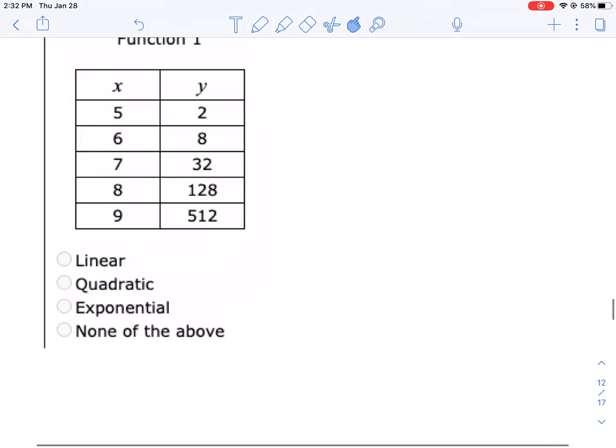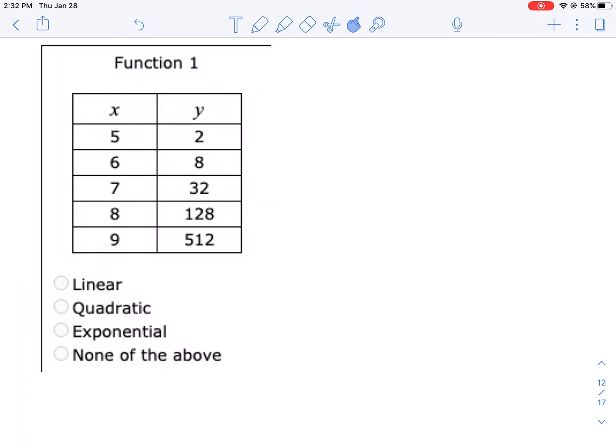Okay, when we look at a table, as long as the x's go up by the same amount each time, 5, 6, 7, 8, 9. Remember, if the first differences are the same, it's linear.